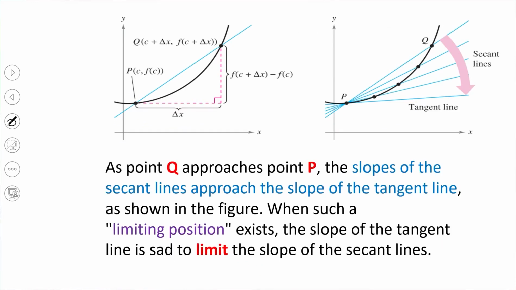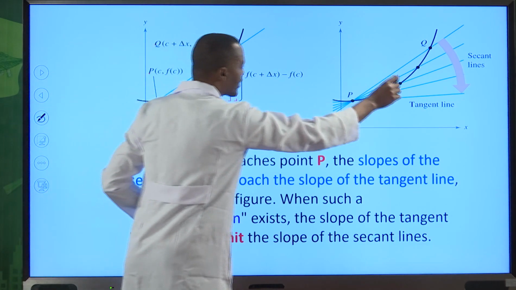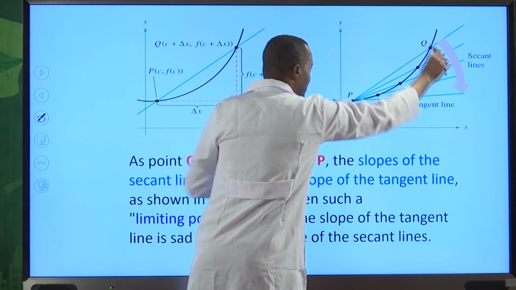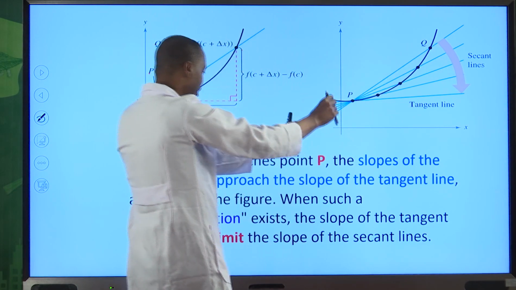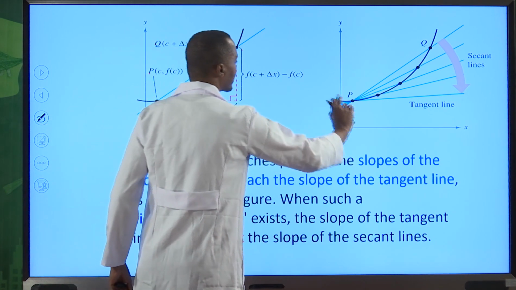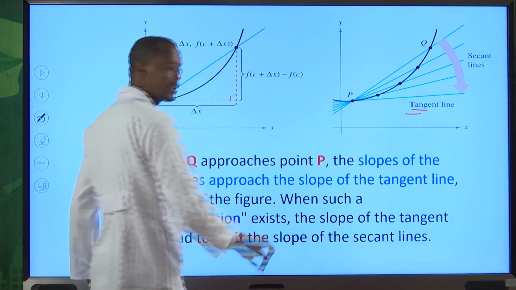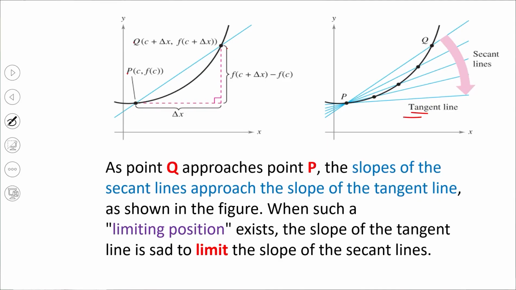So what we did is we picked 2 points P and Q, and then we brought them together. That line shows that we are moving Q towards P, and then finally the slope of that curve at that particular point will be equal to the slope of this tangent line at that same point P.